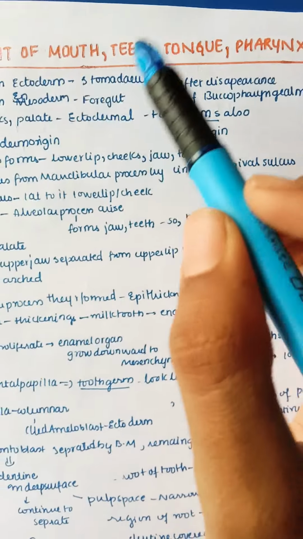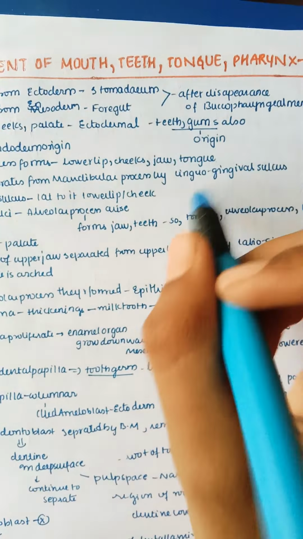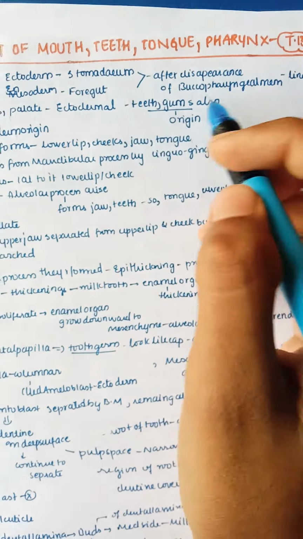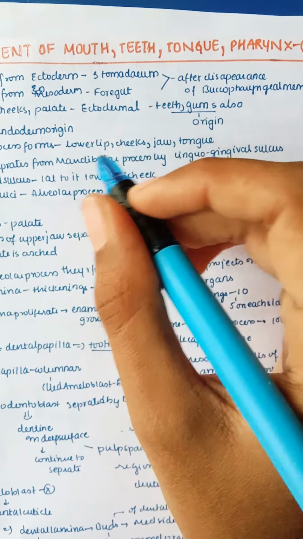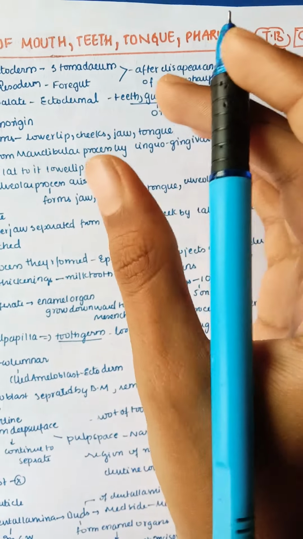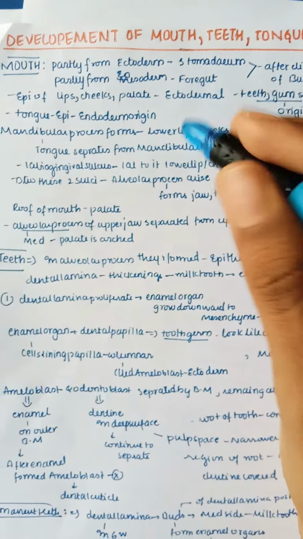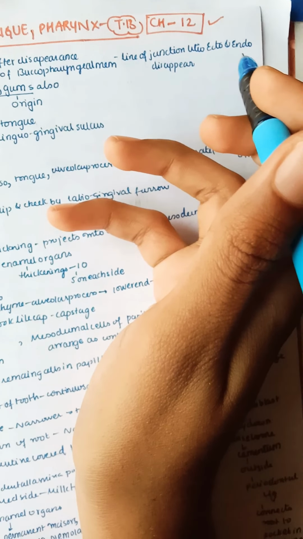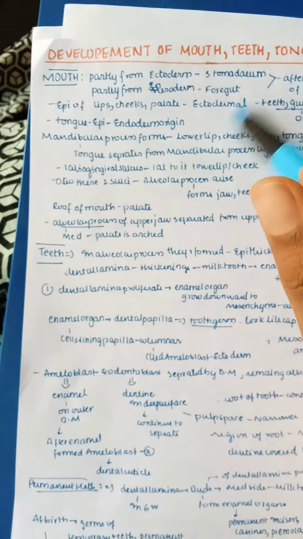It is hard to differentiate ectoderm and endoderm after the disappearance of the buccopharyngeal membrane, because at present the membrane is separating both. If you remove it, it will be hard to tell where the ectoderm is. So we can't say specifically that the mouth is ectodermal or endodermal in origin. The line of junction between ectoderm and endoderm also disappears.